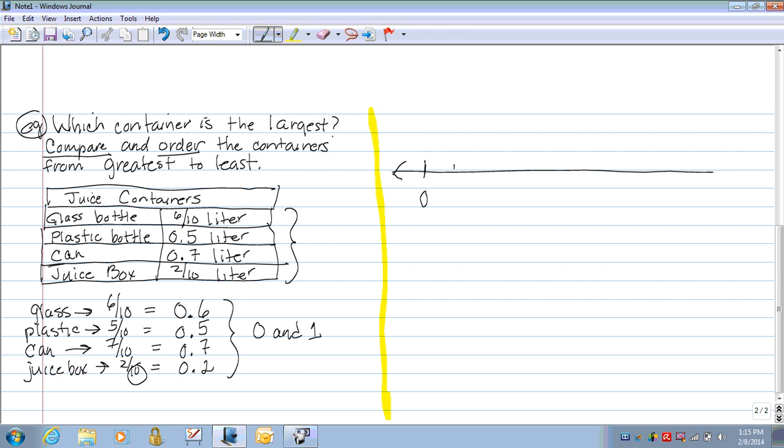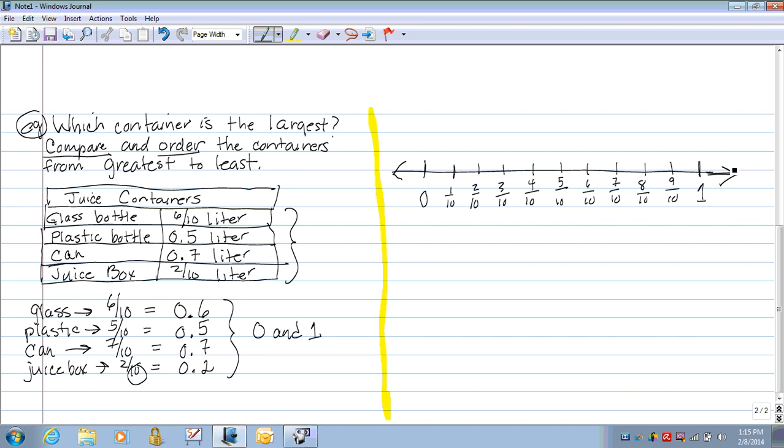So if I count 1, this is 1/10, 2/10, 3/10, 4/10, 5/10, 6/10, 7/10, 8/10, 9/10, and 10/10 again would be 1 whole.